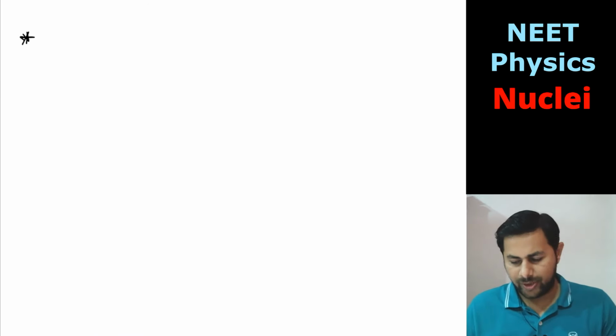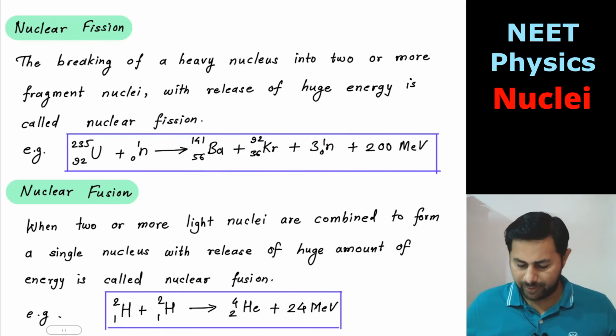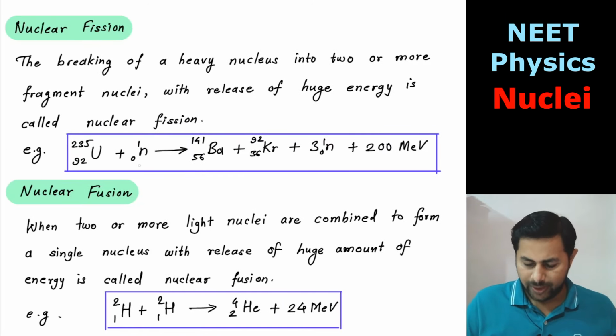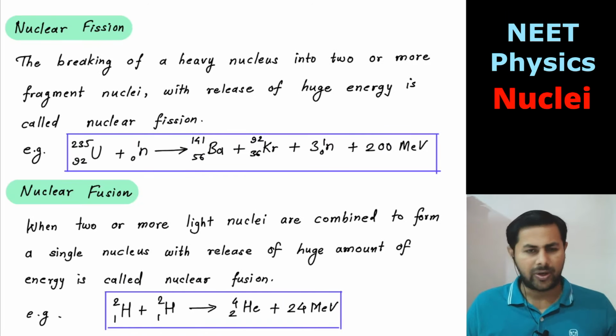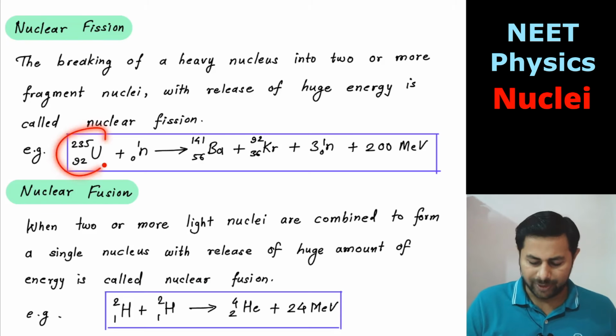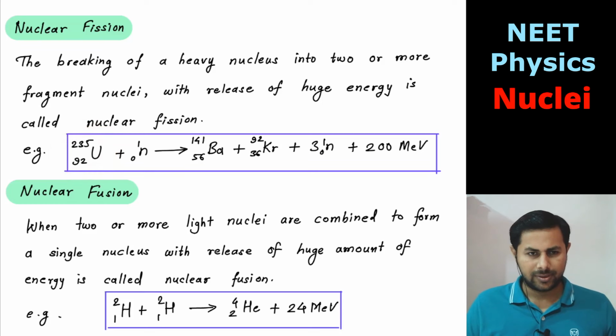And this should be obvious actually, because this whole game happens because of what? Nuclei want to achieve stability. Their binding energy per nucleon is less, right? So they want to achieve stability, meaning binding energy per nucleon should be greater. For that sake nuclear fission happens, nuclear fusion also happens.